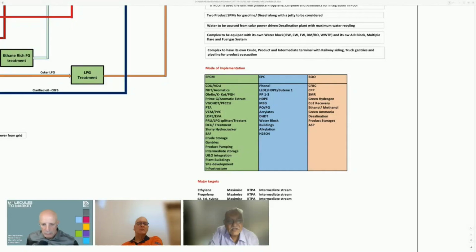Apart from a schedule penalty, time penalty anyway will be there. But if I go for the EPC route, the costs escalate dramatically because EPC will load for all those risks. Can you guess a number? And that number is very high. 30 to 50%. Sorry? 30 to 50%.